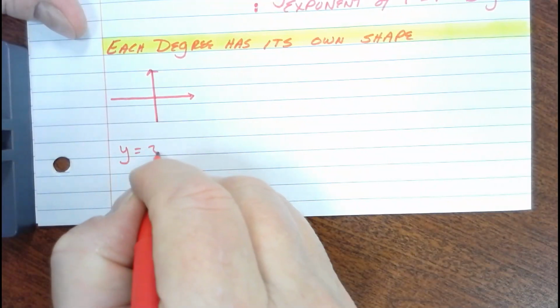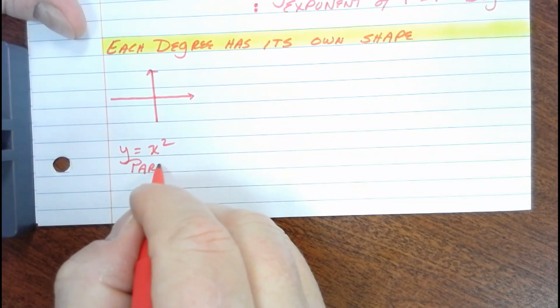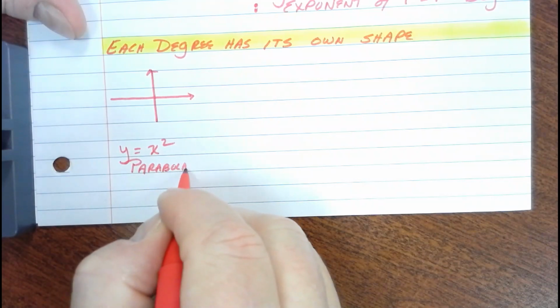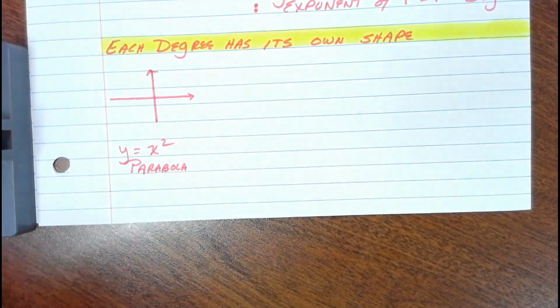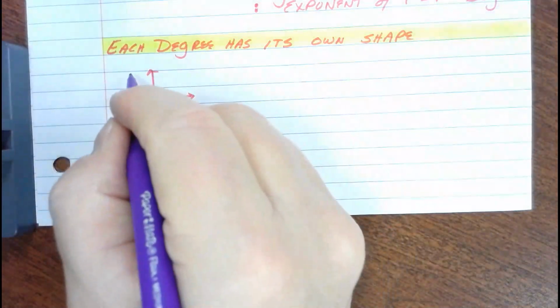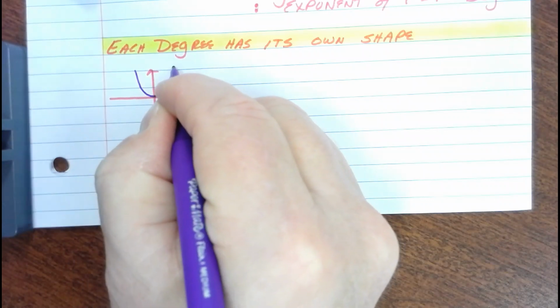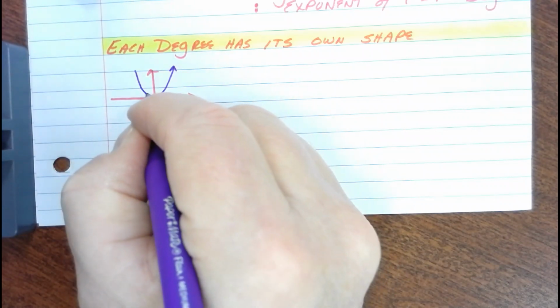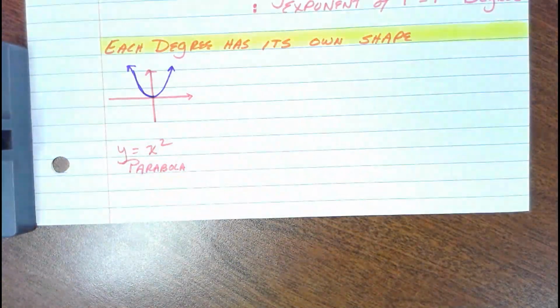Y equals x squared is a parabola. A parabola is the shape we talked about the other day, where you are looking out the back of a boat. And this is going to get wider and wider.